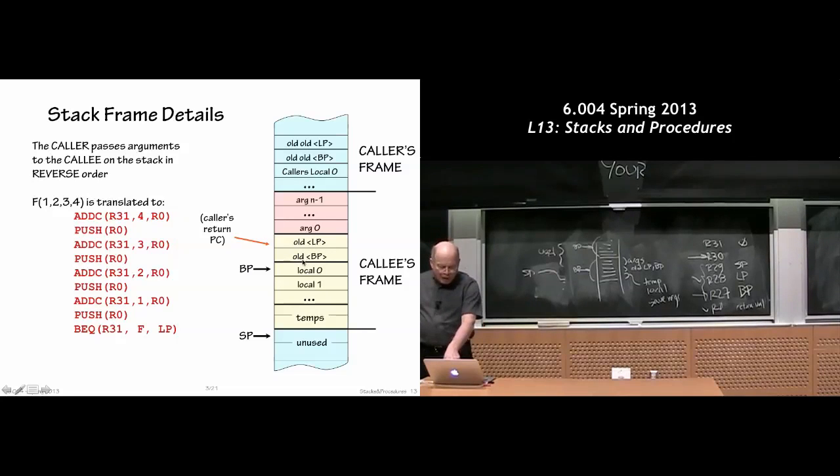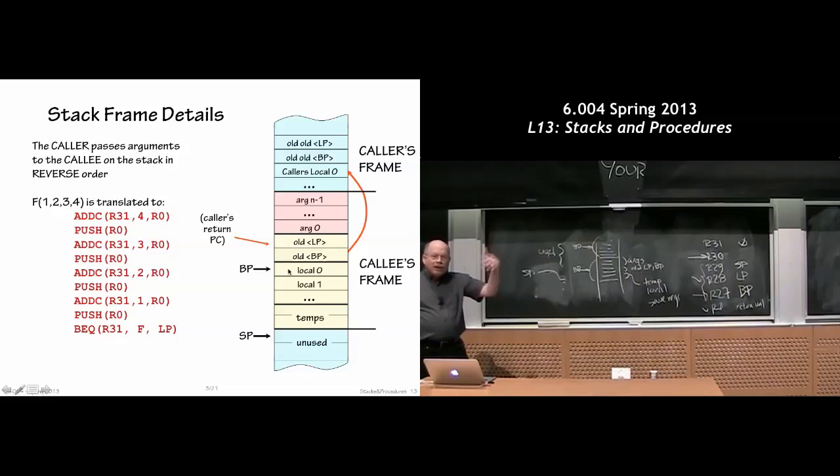Remember that old BP pointed back to the book from the activation record of the caller. And then we'll set up the BP here in my frame. I'm always going to set up BP to point to exactly that location, the location in the activation record which is just below where I saved the previous BP.